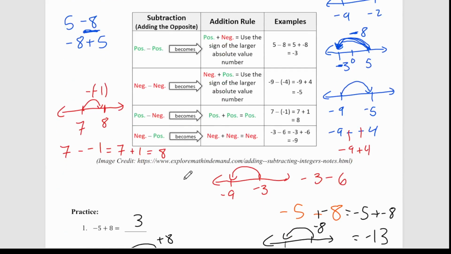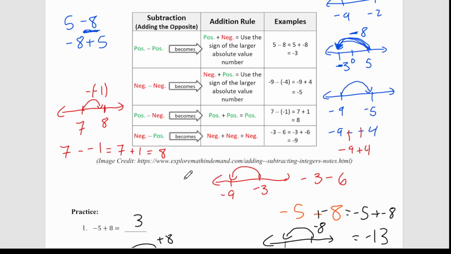If you are doing subtraction, then if you have a positive minus a positive, you're just going to straightforwardly subtract them and then keep the sign of whichever is the bigger number. If you're doing a negative minus another negative, it's going to end up working the same way.